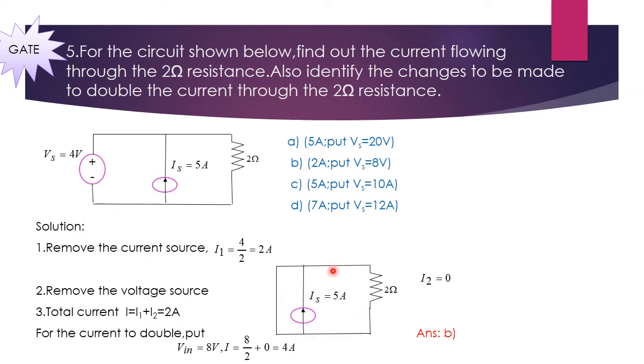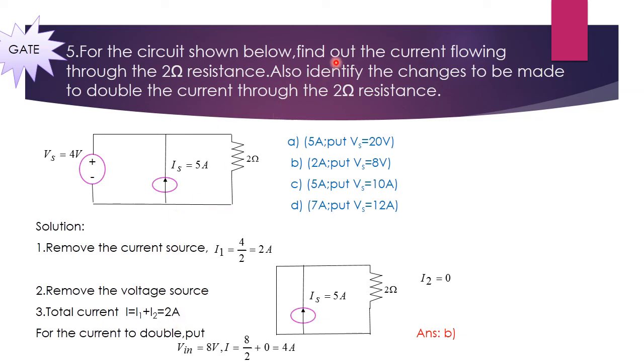So you will get the circuit like this. Whenever there is a short circuited path, there will be current flowing through this short circuited path only. There will be no current flowing through this path. So you will get I2 is equal to 0. Right. Then we calculate the total current. So I is equal to I1 plus I2, that is equal to 2 ampere.